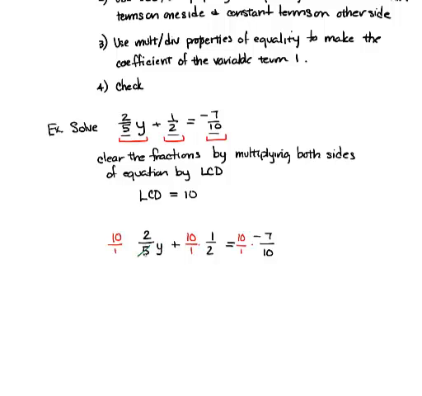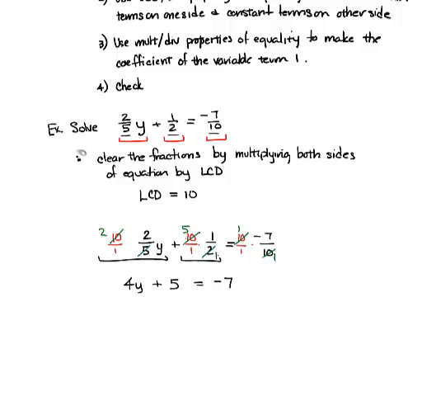Then all of a sudden my denominators go away. 5 goes into 5 one time, goes into 10 twice. 2 goes into 2 one time, 2 goes into 10 5 times, and 10 goes into 10 one time. So I have 1's in all of my denominators, so all I have now is 2 times 2 y, so I have 4y, plus 5 times 1 is just 5, and that equals 1 times negative 7 gives me a negative 7.